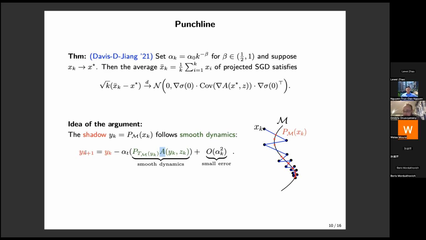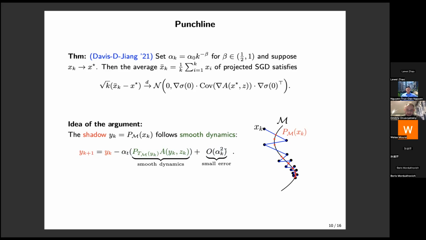But of course there is an error, because the y's are coming from projections of xk, and the whole thing is to show that this error is small. I'm lying a little bit here, but essentially what we show is that the error you get after projection, in the evolution for the yks, is only on the order alpha k squared. And if you're familiar with stochastic optimization, as soon as you see alpha k squared, you're very happy. This is what you want for errors.